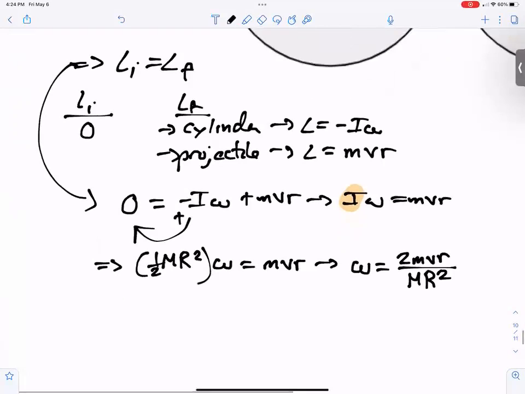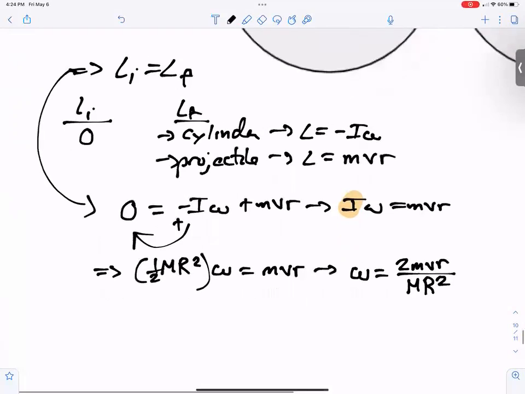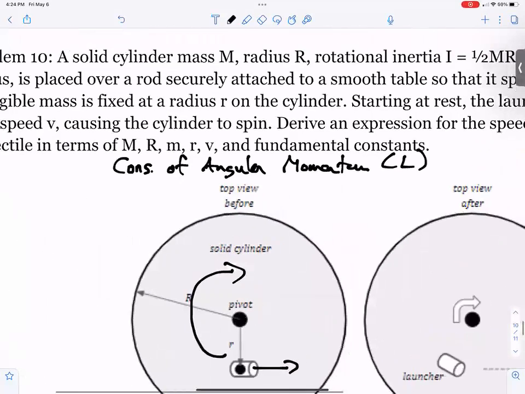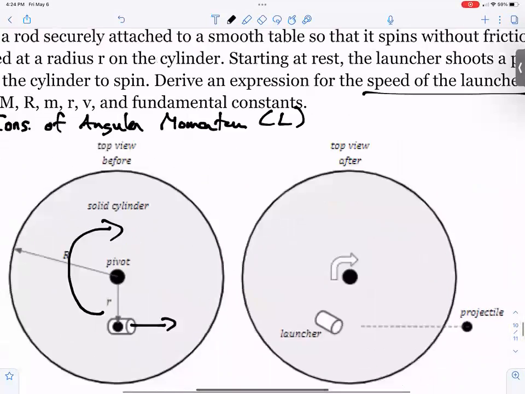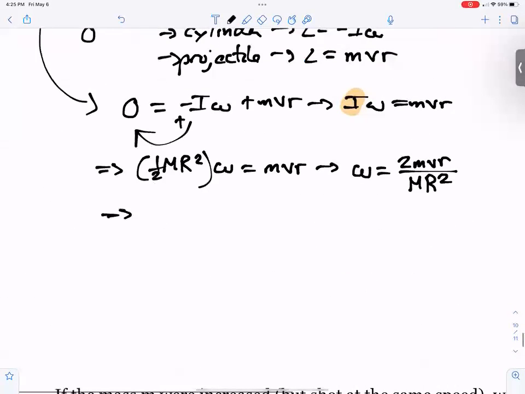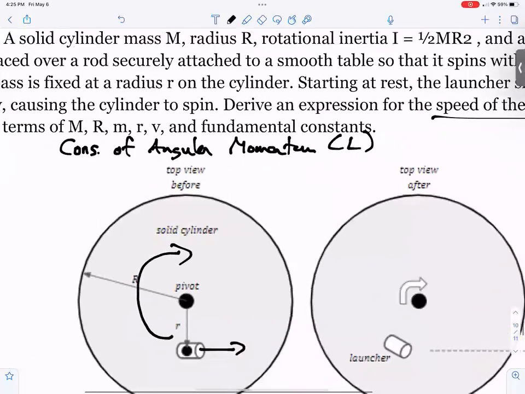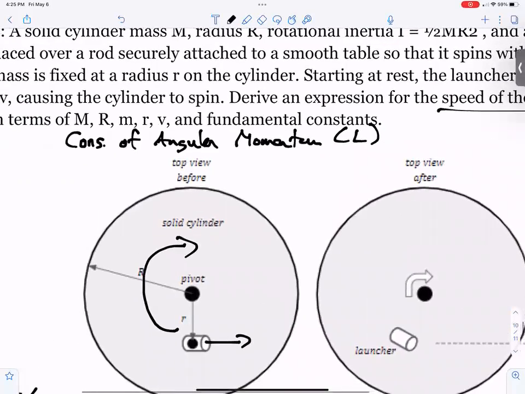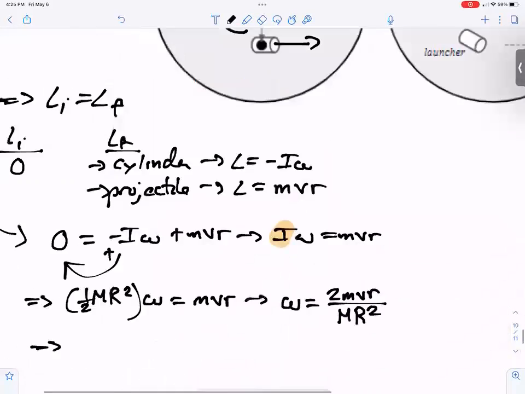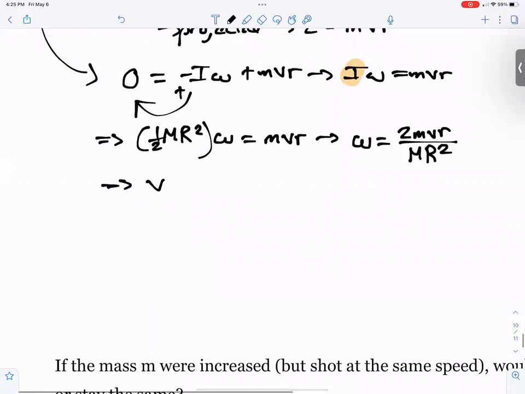Okay, now why would we want to do this? Well, we want to derive an expression for the speed of the launcher. That's where I told you you have to be ready to use it: anytime you're doing rotational energy, or in this case, rotational momentum, we have to be able to use our linear angular relationship. So v for the launcher is equal to R omega.